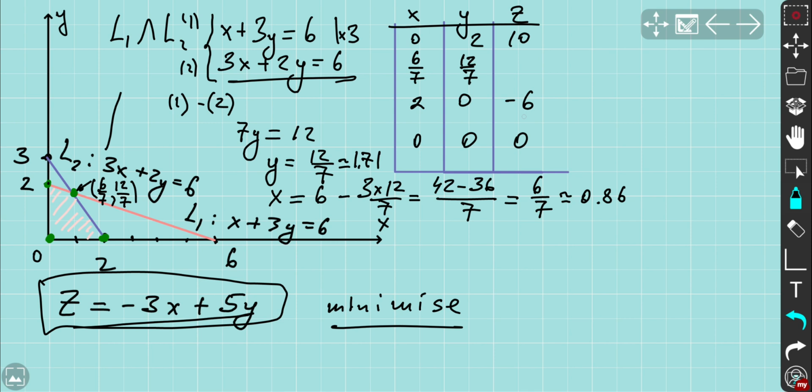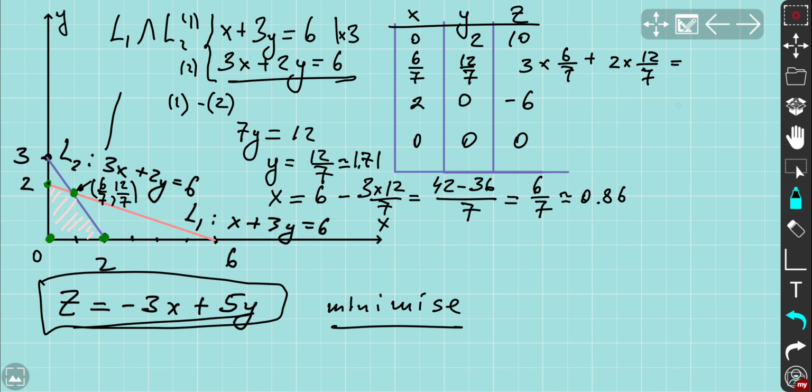So let's just plug the values. I plug the fraction: 3 times 6 over 7 plus 5 times 12 over 7, and the resulting value is going to be z.